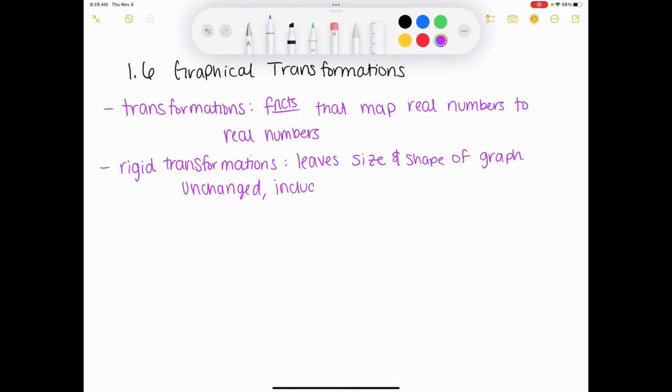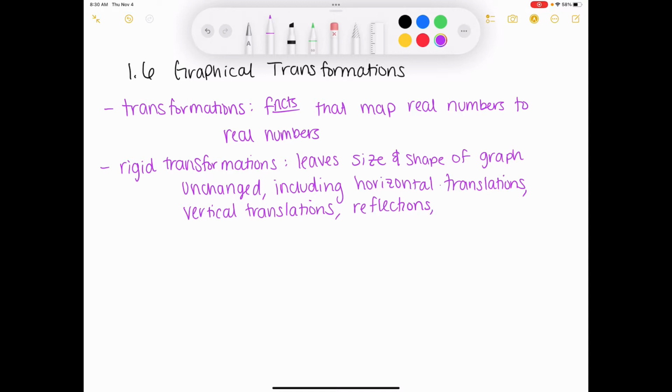Including horizontal translations, vertical translations, reflections, or any combination of these.